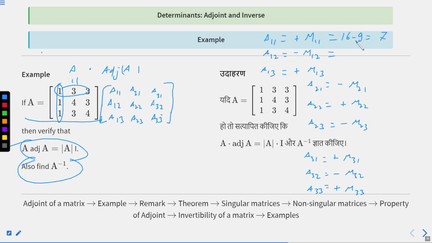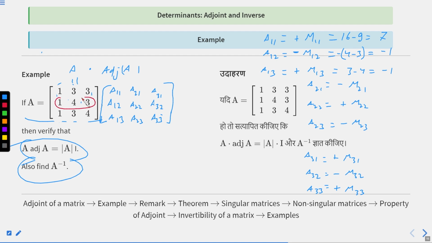Now eliminate first row, second column. 4 multiplied with 1, 3 multiplied with 1 will give you 4 minus 3, and with the minus sign already there, you will get minus 1. Now eliminate first row, third column. So 3 minus 4 will give you minus 1.